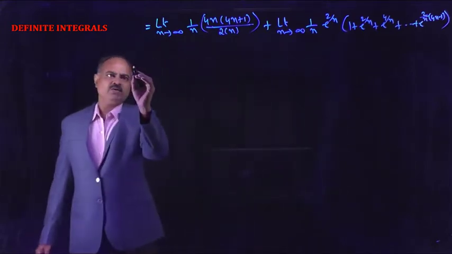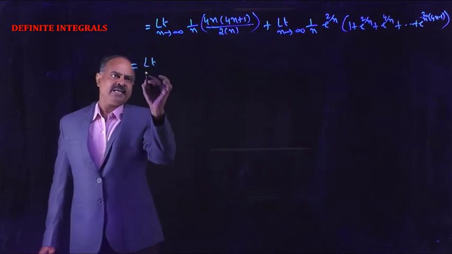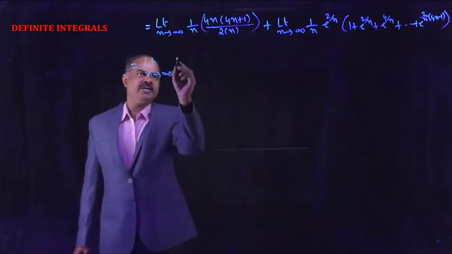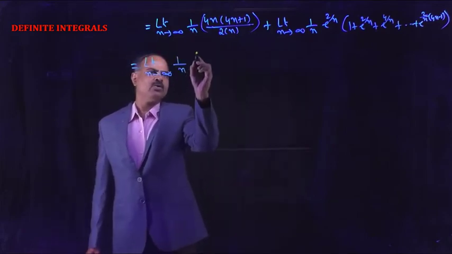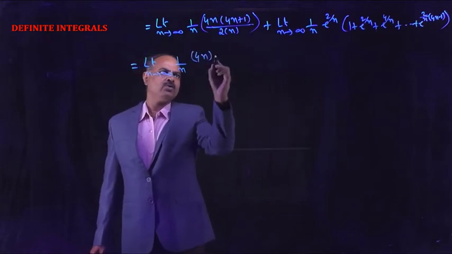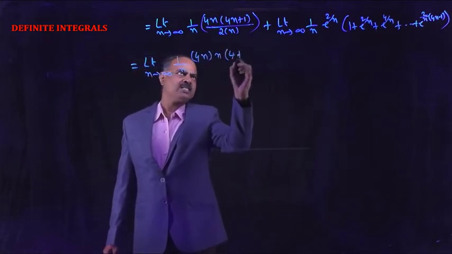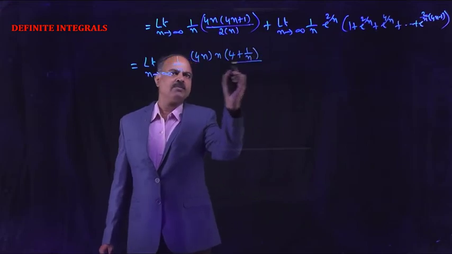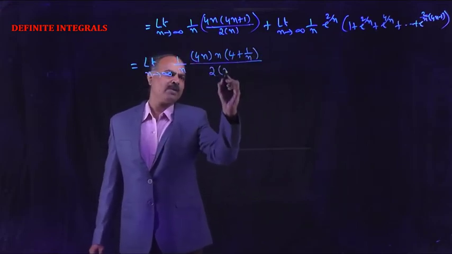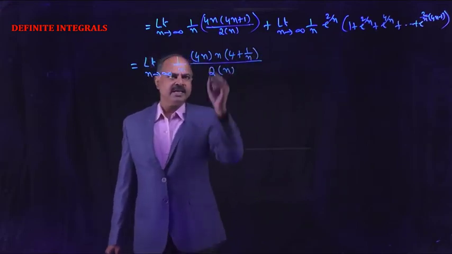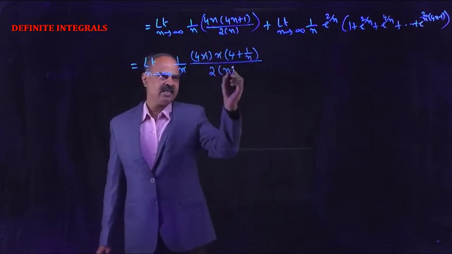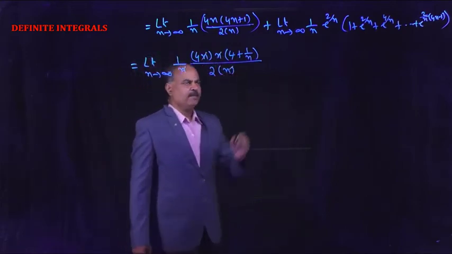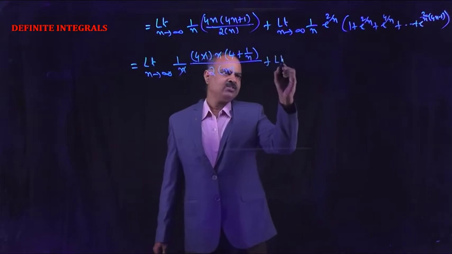Now this is equal to the limit of 1/n times, here n is common, 4n(4 + 1/n)/2n. Here the n's get cancelled.